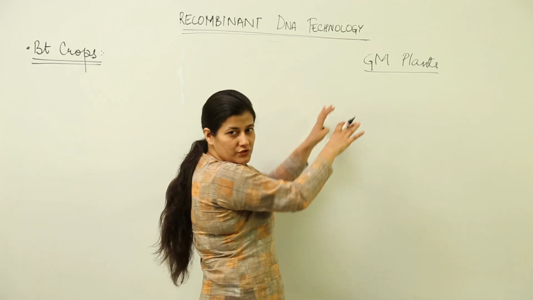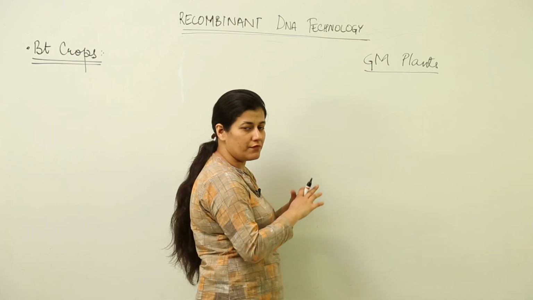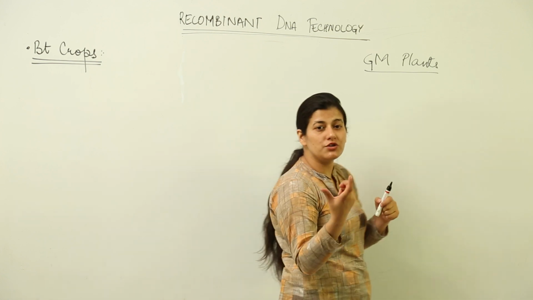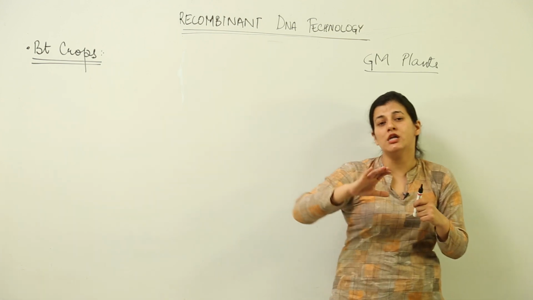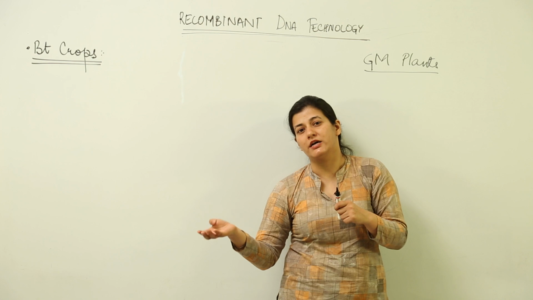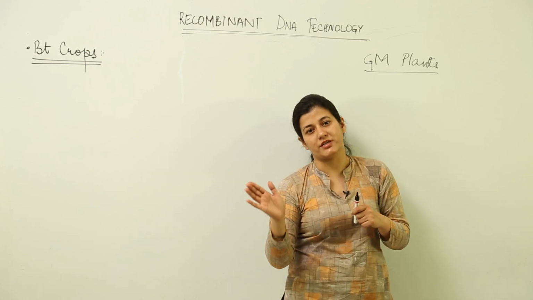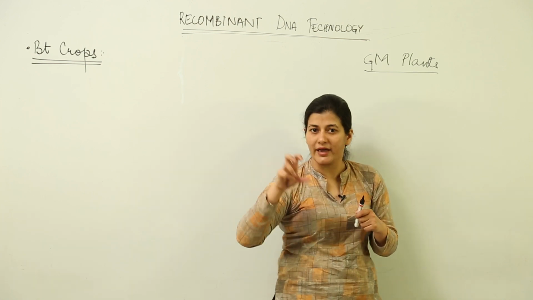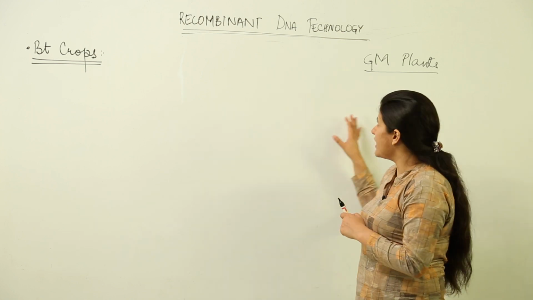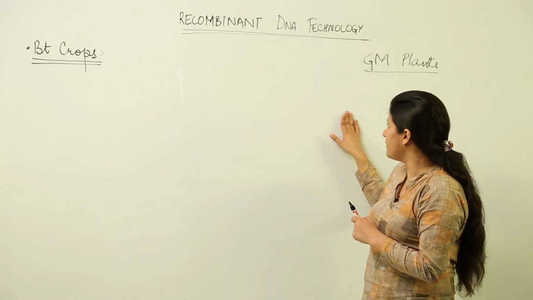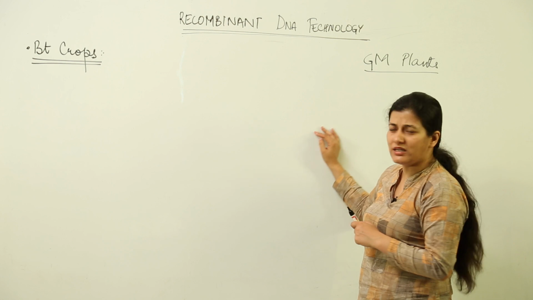So, we have GM crops for that purpose, where we put an additional gene into the plant, and that gene is responsible for enabling the plant to withstand the different types of stresses that could be put into the scenario by the field ecosystem. Now, we have the example of certain crops where yield was increased.